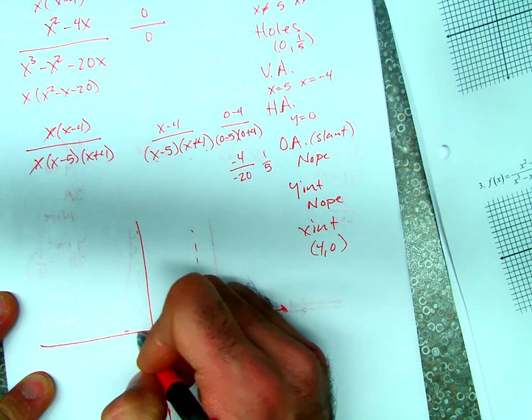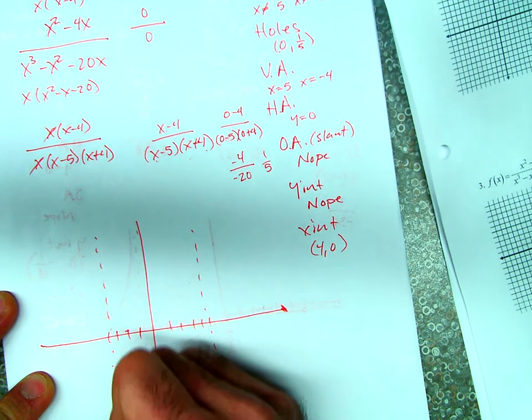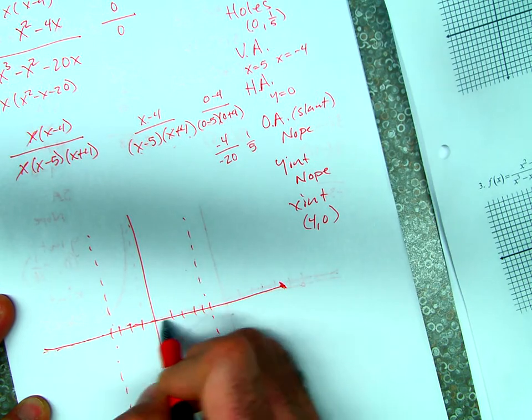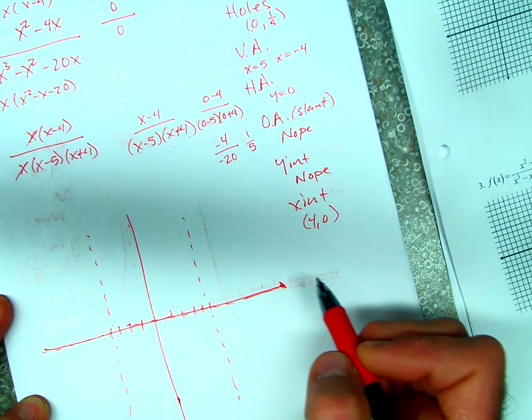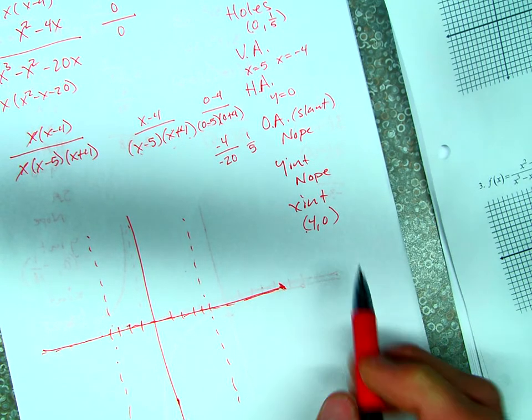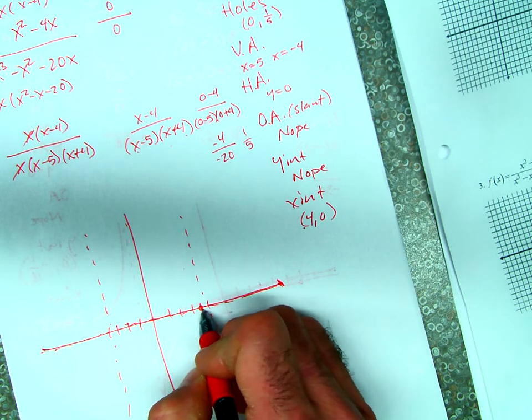The other one is negative 4. What's my horizontal asymptote? 0. Remember, we can cross, and in this case we do because we have an x-intercept. My x-intercept is 4. 2, 3, 4, so it's right here.